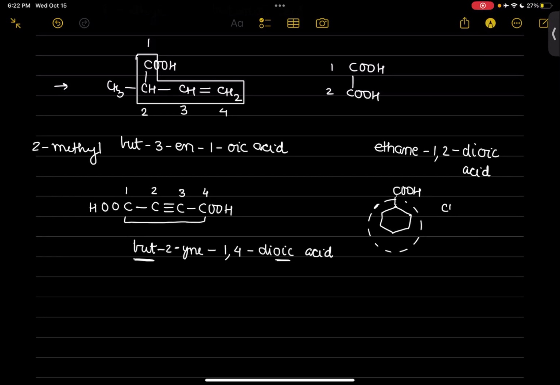The molecule has 7 carbons and we have missed one. Got it?